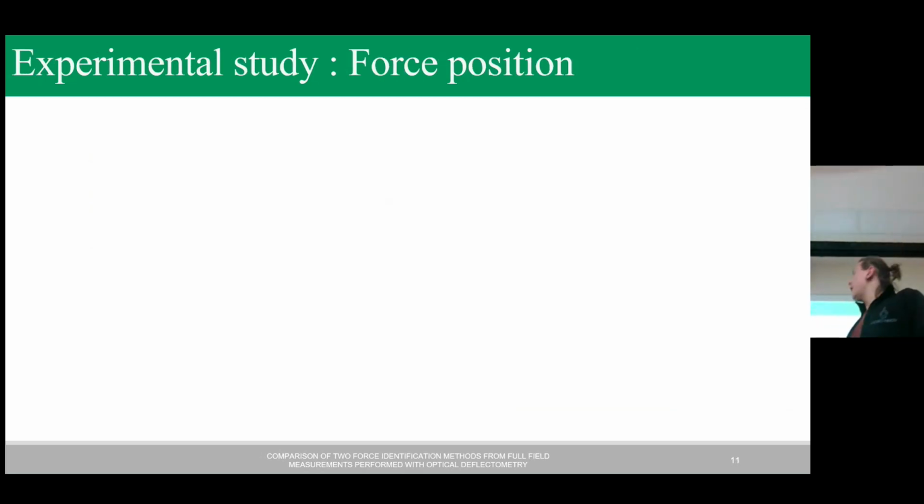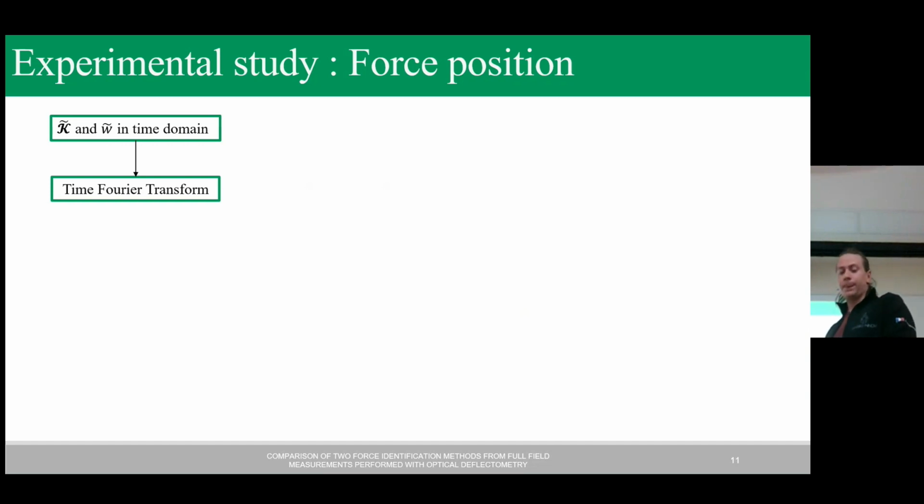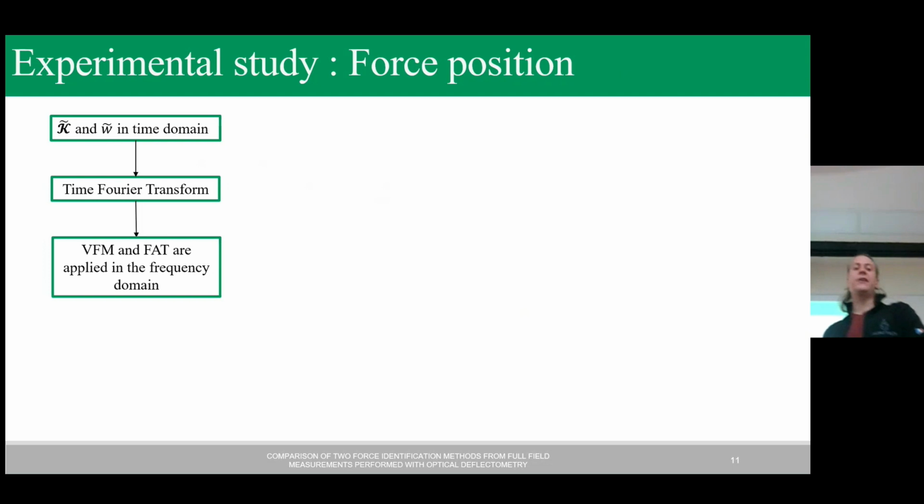So now, how can we see if the force is well located with the method? Well, we have seen that we can estimate the out-of-plane displacement and the bending curvatures in the time domain. Starting from there, we can perform a time Fourier transform, which allows us to apply VFM and FAT in the frequency domain.